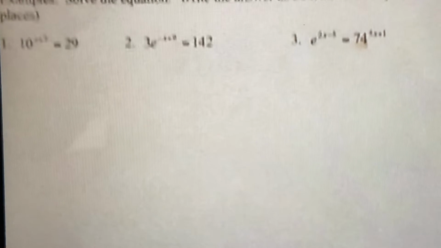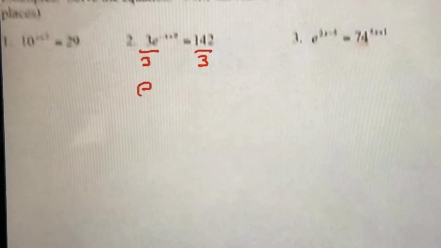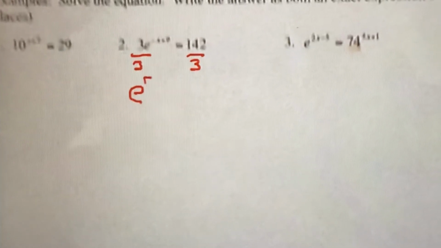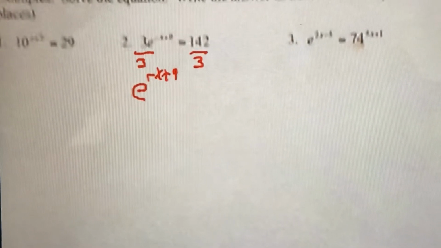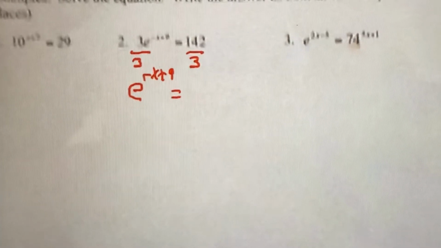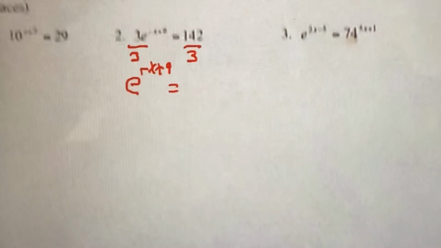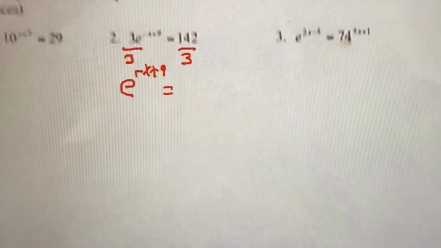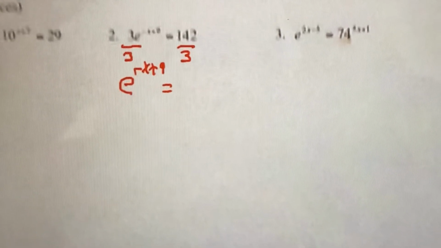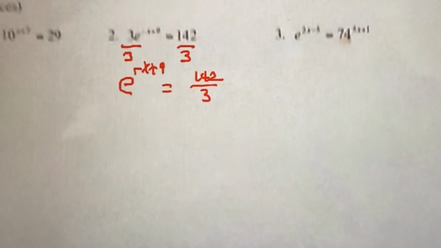So if I divide both sides by 3, I'm going to have e to the negative x plus 9 power equals 142 over 3. You're going to say, I need to make that a decimal. Well, Hawkes is not going to let us make that a decimal, so I'm just going to let that stay as 142 over 3 for the meantime.